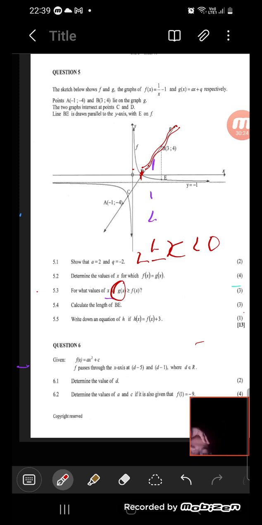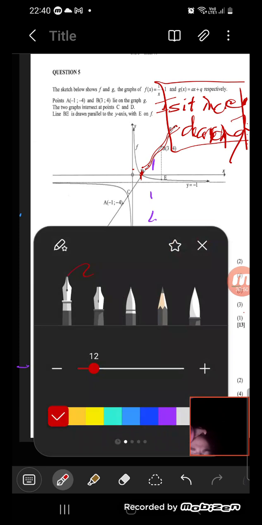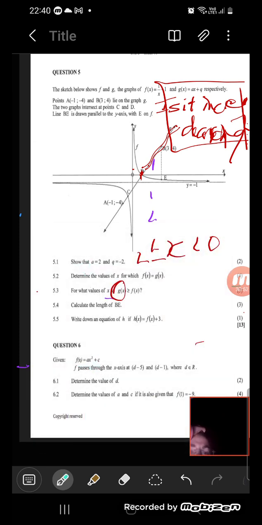Is it increasing or is it decreasing? Maybe I should get the Samsung pen. Is it increasing or is it decreasing? And that's what you've got to ask yourself. So, what's going on with the movement? Here it's increasing, but this one is decreasing.